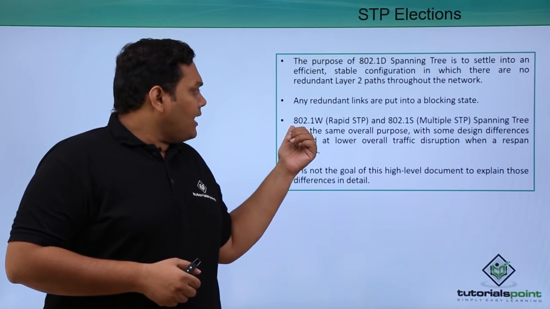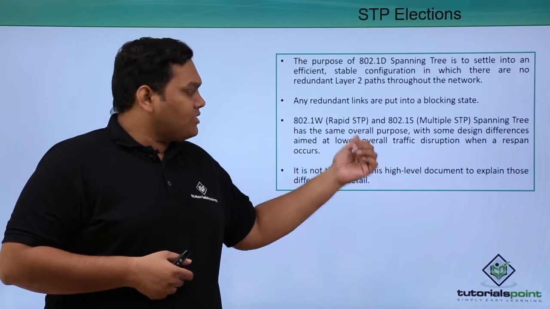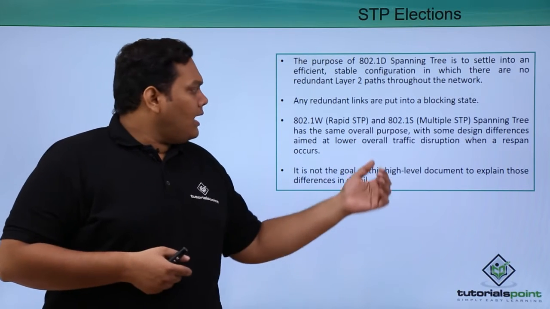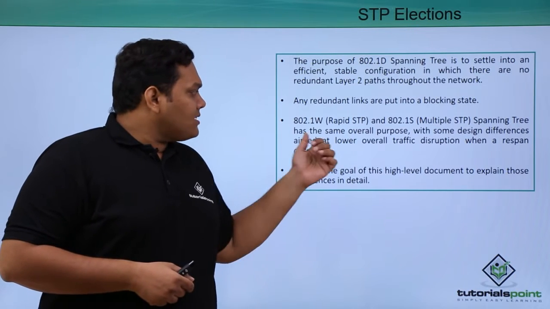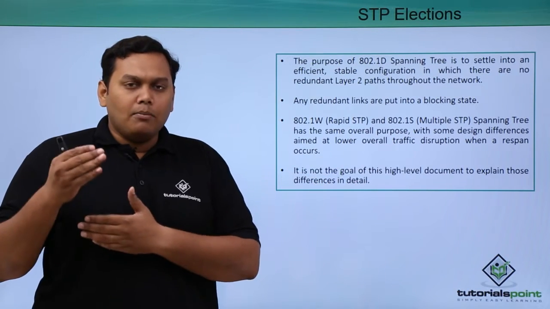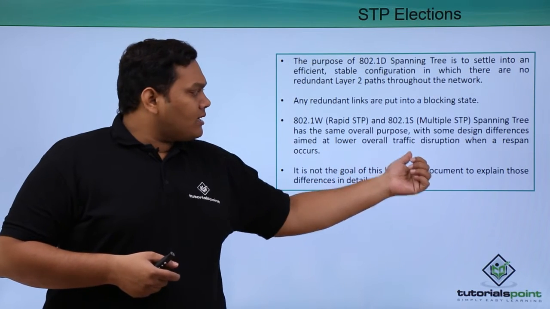And 802.1w, which is called Rapid Spanning Tree Protocol, and 802.1s, which is Multiple Spanning Tree Protocol, have the same overall purpose, but they have some design differences aimed at lower traffic disruption.